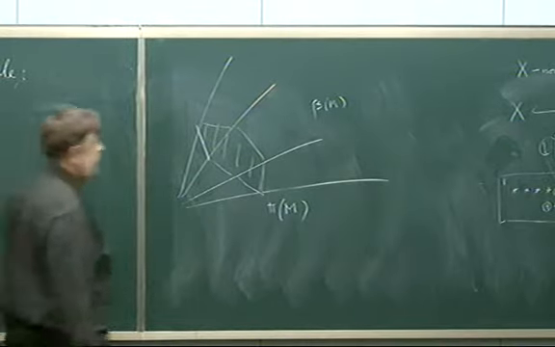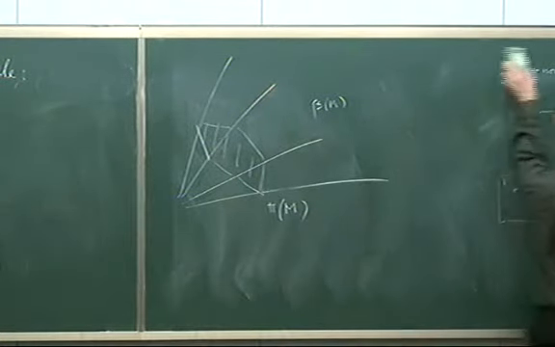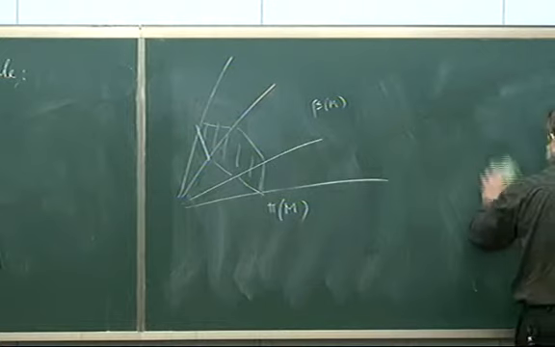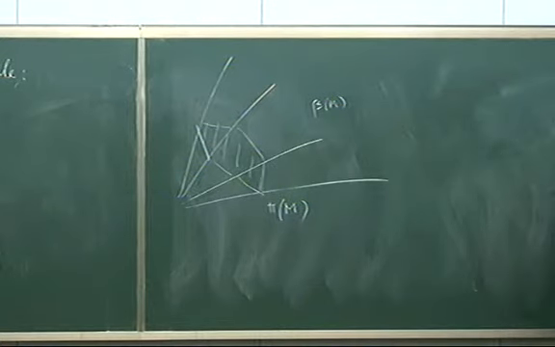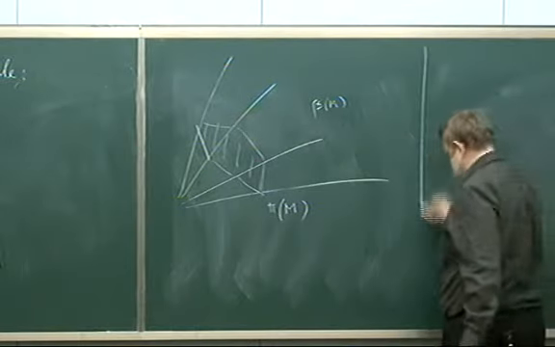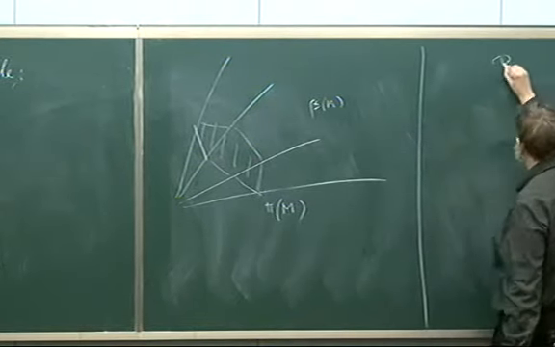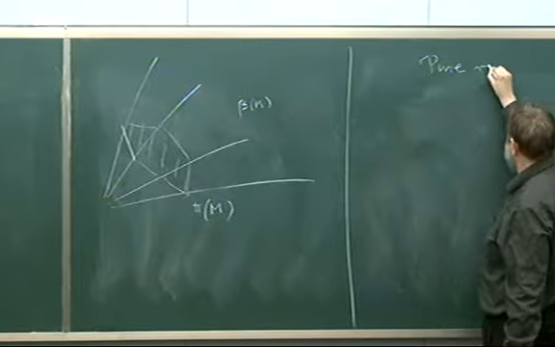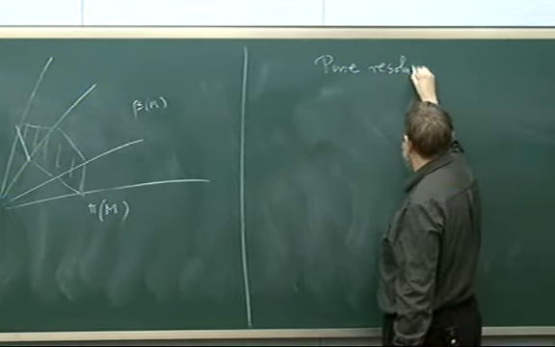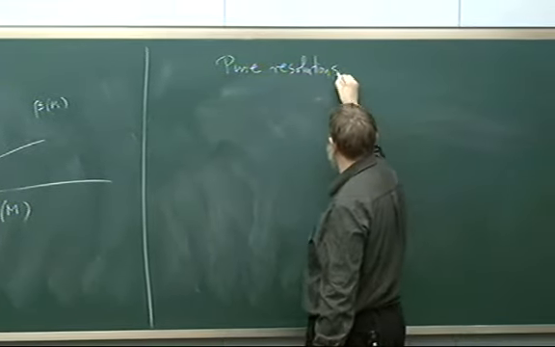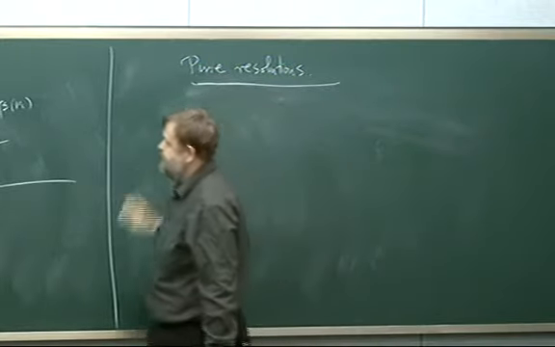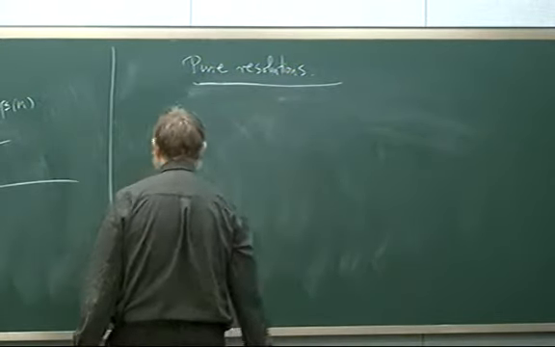But Boij and Soderberg also had the idea about what would be the extremal rays in this cone. Okay? So the candidates for extremal rays are so-called pure resolutions. So what is a pure resolution?